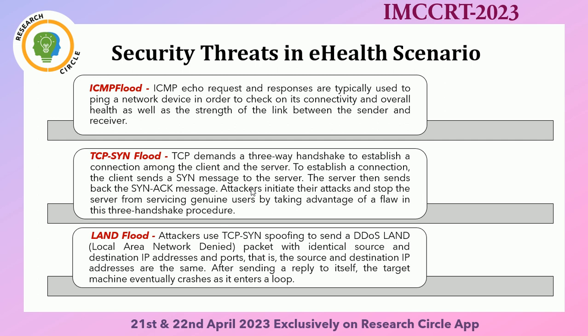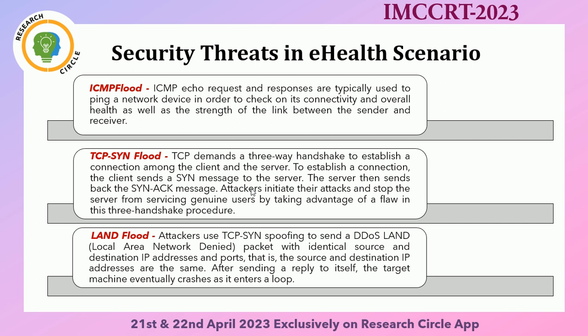In general, what is the role of the TCP? TCP establishes a secured communication between the sender and the receiver, basically the server and the client. If you go to the practical field, you will certainly see that server and client architecture is used in most cases. So what is happening there?